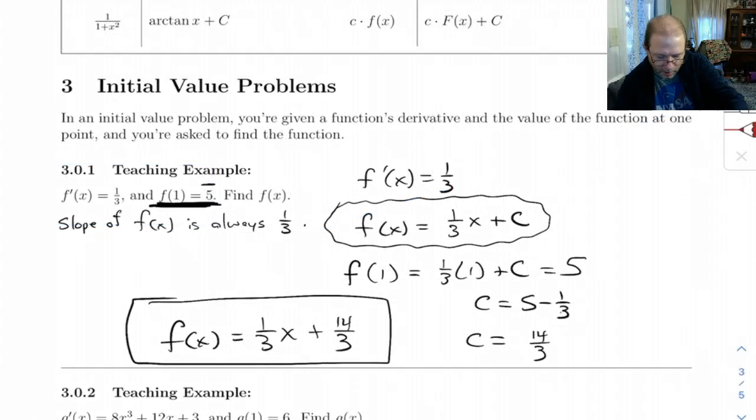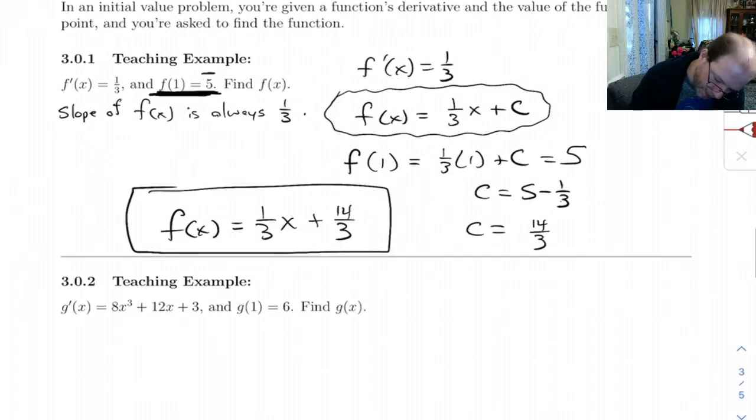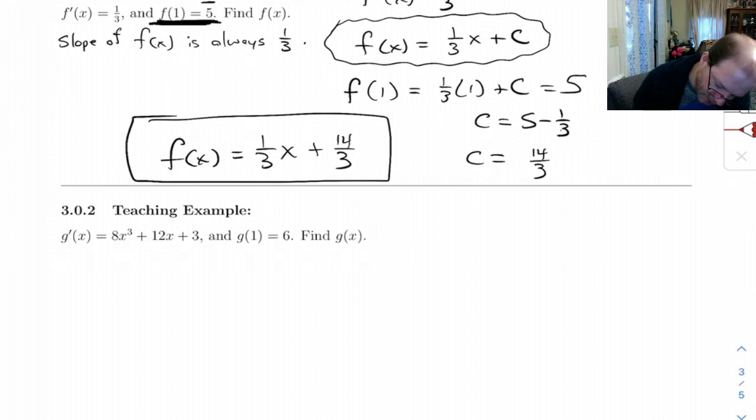All right. So let's do another example. G prime of x is equal to this, and g of 1 is 6. Find g of x. All right. So again, we'll take the antiderivative first.